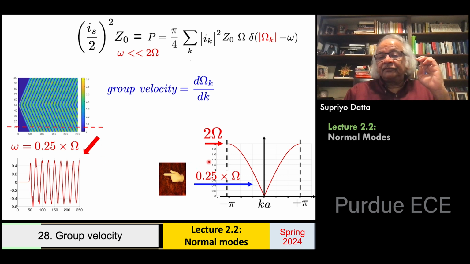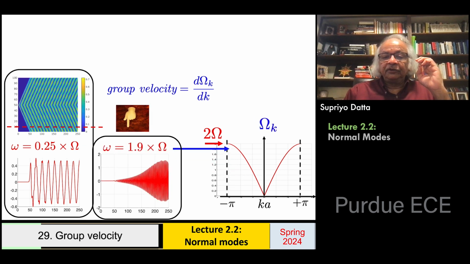But if you used a frequency that was closer to the top, somewhere around here, right below this 2 omega, then you notice right around here, things are not linear at all. And the propagation is much more complicated. It isn't like a simple wave that is propagating with a single velocity. Previously, if you had looked at a particular section, you'd have seen a period of time that it takes for the wave to arrive there.